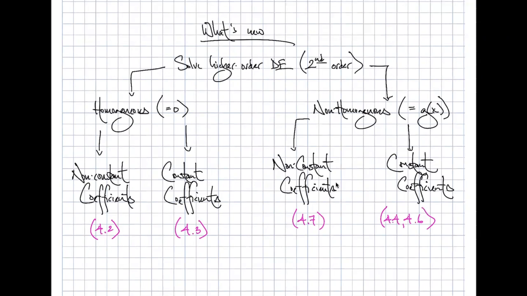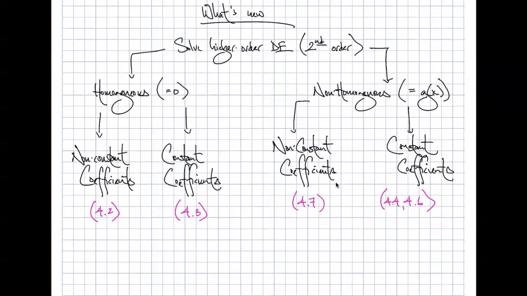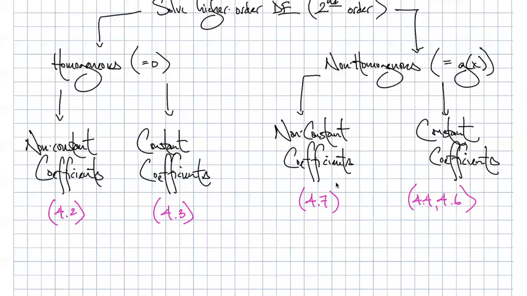Now, one thing I do want to note is that 4.1 is a conceptual section, which is fine and good. And we are going to cover it. But with 4.1, we're going to sprinkle the concepts in as needed.